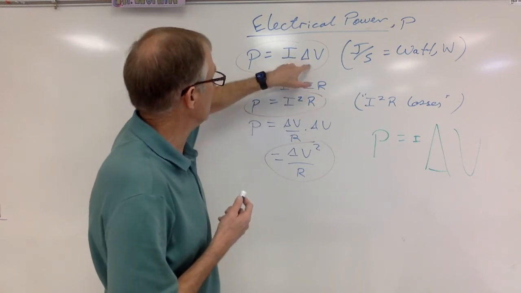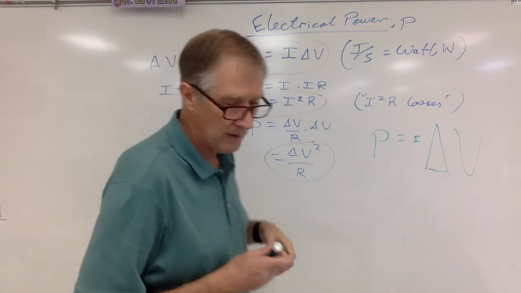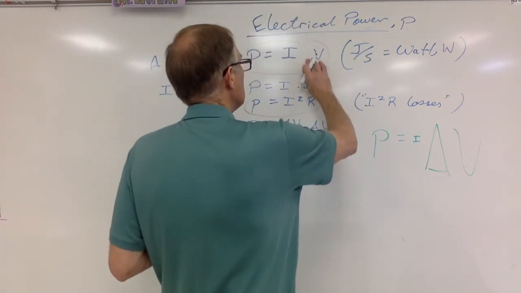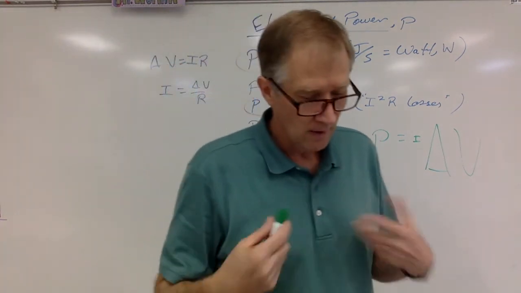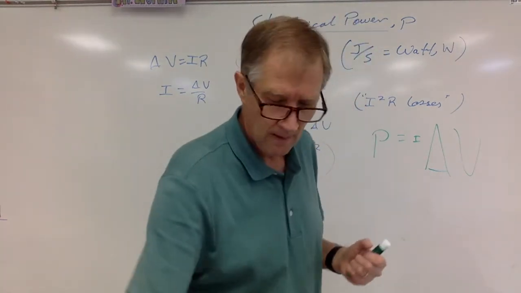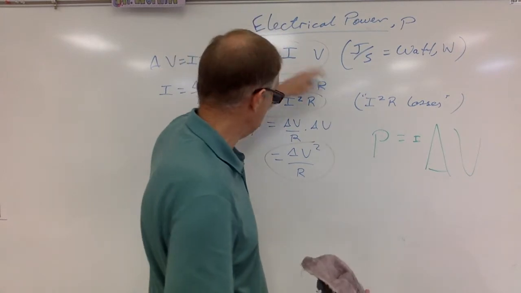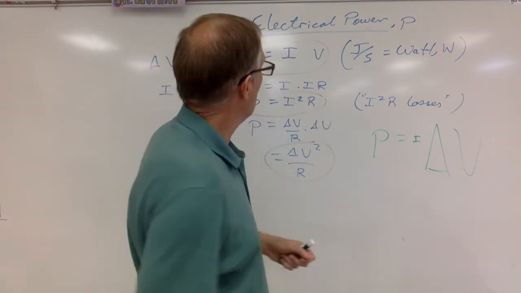And then you can also calculate the power available, which is that same current times the potential. Don't do a delta V. The power available is just current times the available voltage. When you do delta V, it's power used, as opposed to IV, which is power available, in that question.